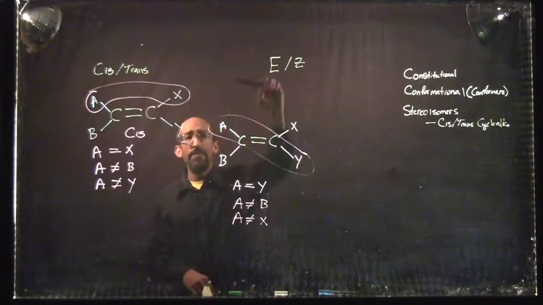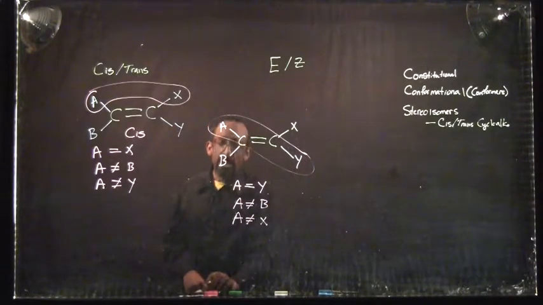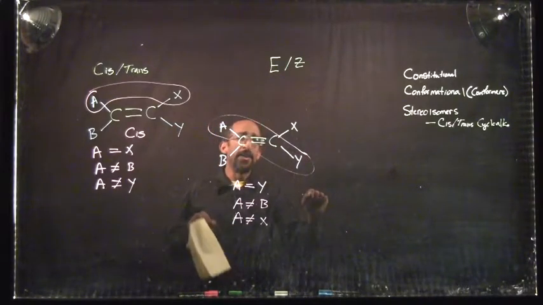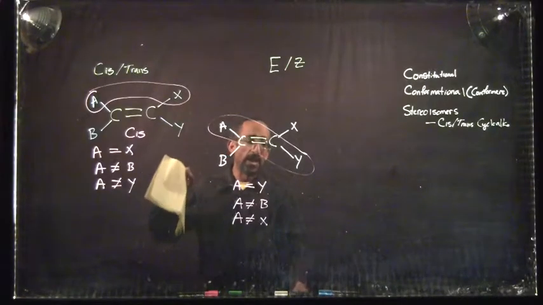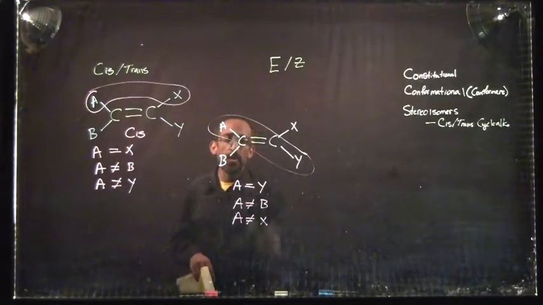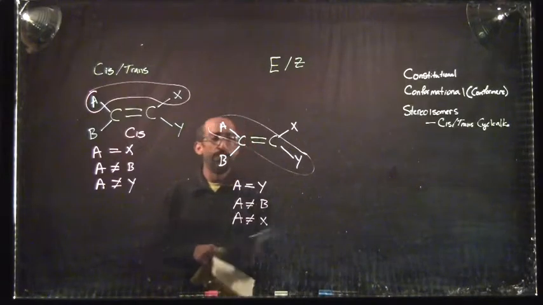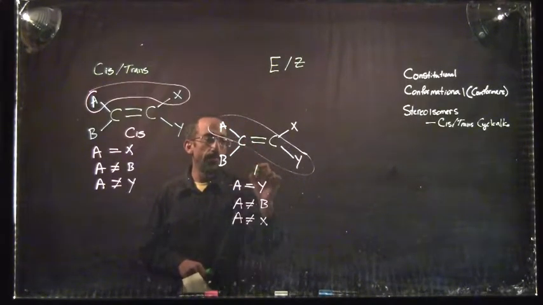One is up on top, and one is down on the bottom. Similar to how we had one group on top, one group on bottom on a cycloalkane, here again we would denote this configuration as trans.